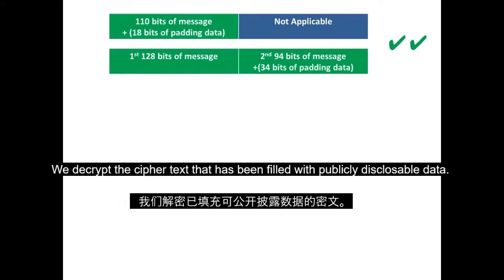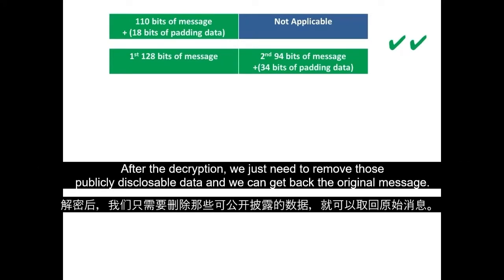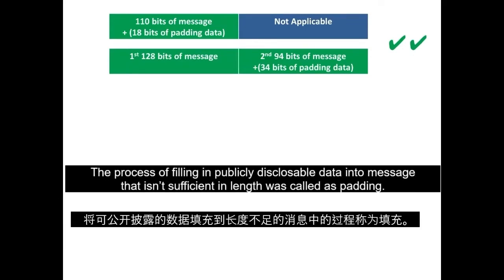We decrypt the cipher text that has been filled with publicly disclosable data. After the decryption, we just need to remove those publicly disclosable data and we can get back the original message. The process of filling in publicly disclosable data into a message that is not sufficient in length is called padding.